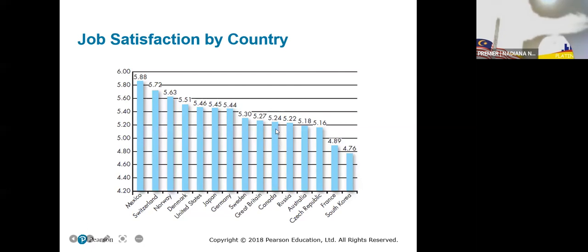Canada, I was in Canada, I was in Great Britain, I was in Germany, I was in Japan. I recall how happy they are. Russia, 5.22, Australia, the Czech Republic, France. There are so many Indonesians in France, and in Korea also. So I found Indonesian people scattered all over the world.